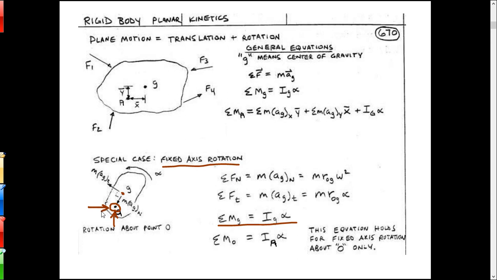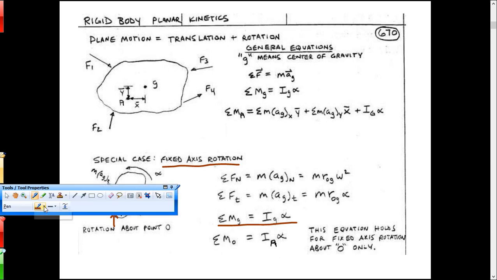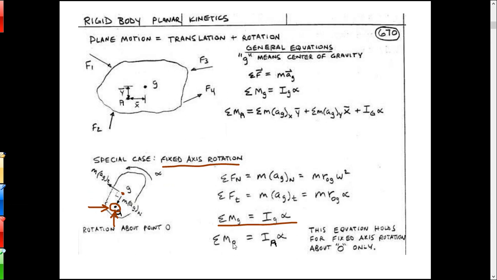Okay, so when you have fixed axis rotation, it's far more common to take the moments about the point you're rotating about. It just simplifies things a good bit. So you would just take moments about A. And for fixed axis rotation only, what you can equate that to is I_A alpha.